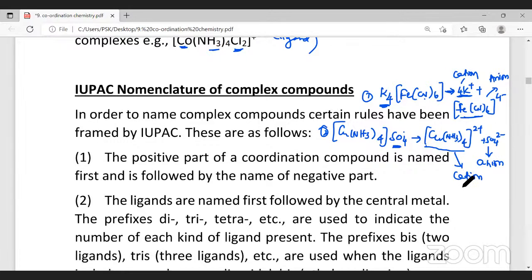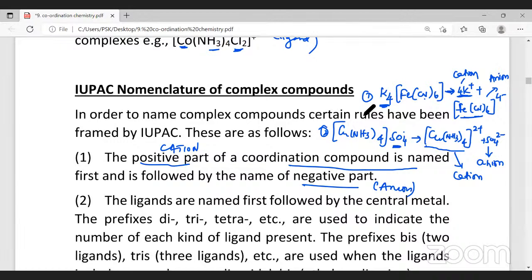Now, why I'm telling you all this is that the first rule in IUPAC to name a coordination compound is that the positive part, the cation, is named first, followed by the negative part. That means the anion has to be named after naming the cation.